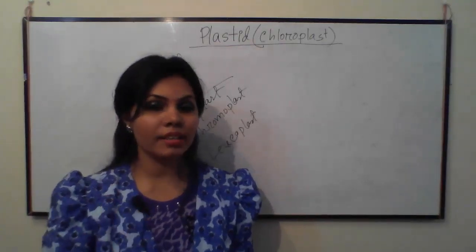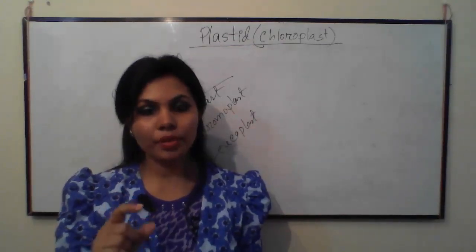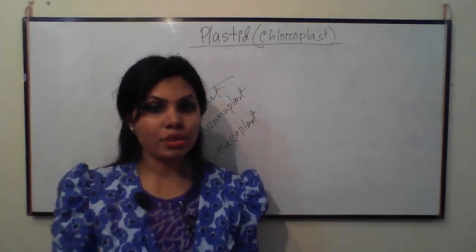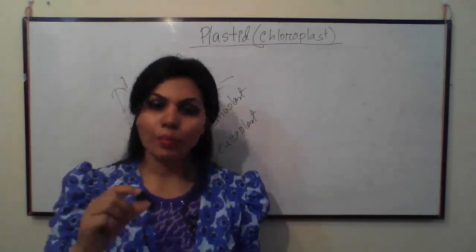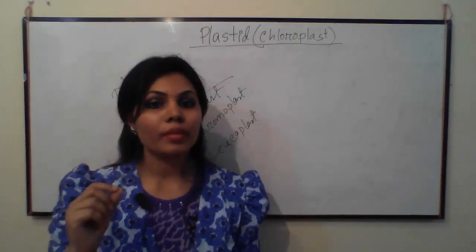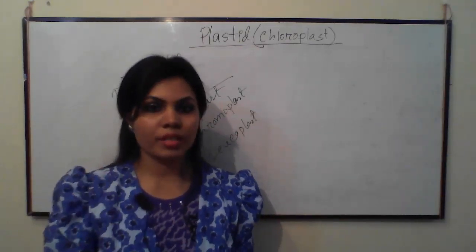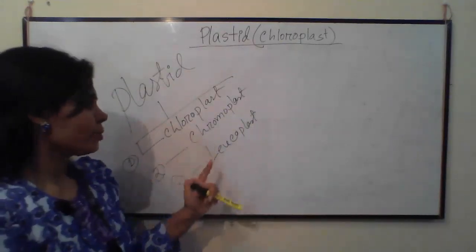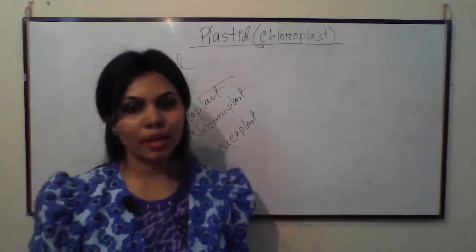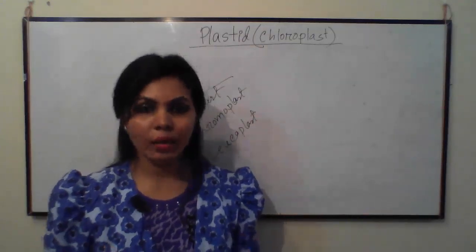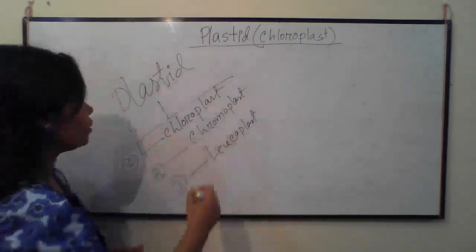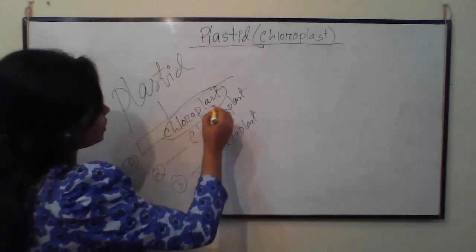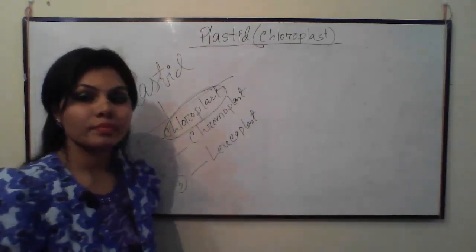In 1886, W. Schimper first coined plastid, and based on the absence or presence of color or pigment, plastid has three categories: number one, chloroplast, number two, chromoplast, and number three, leucoplast. Today I'm going to discuss chloroplast. That was the request from my student.